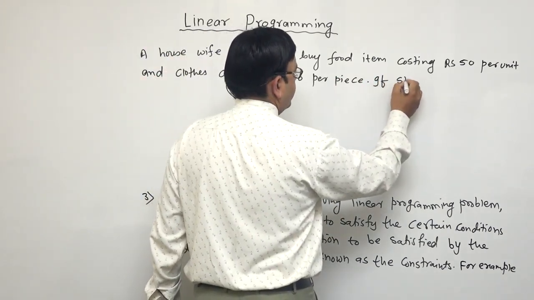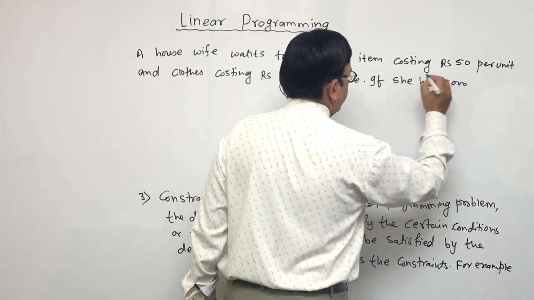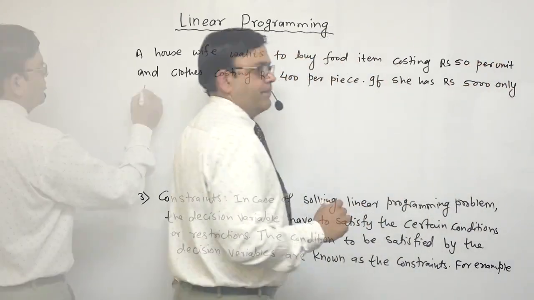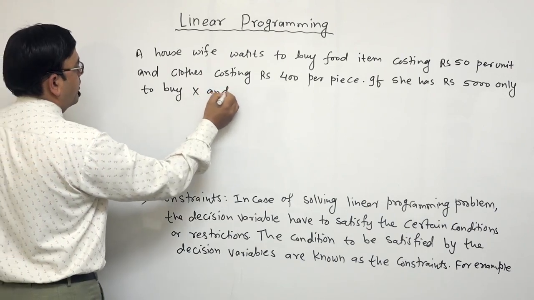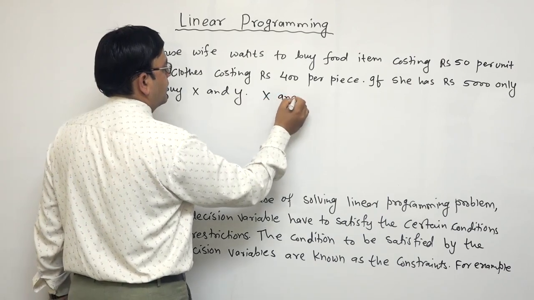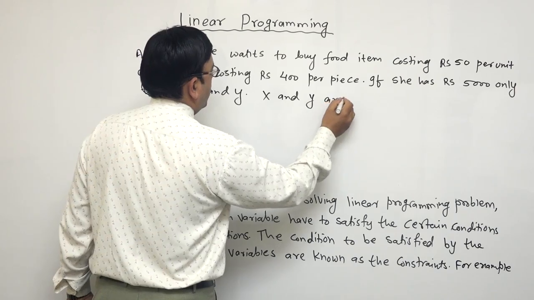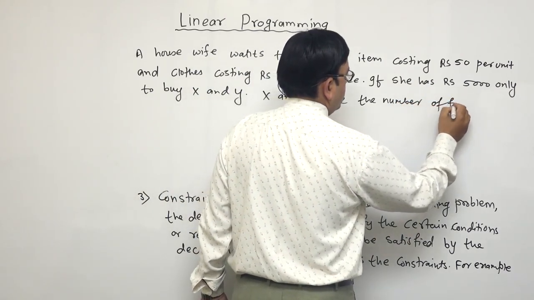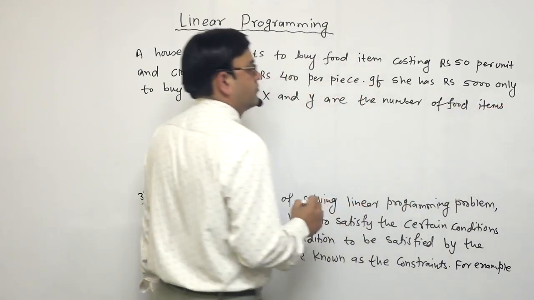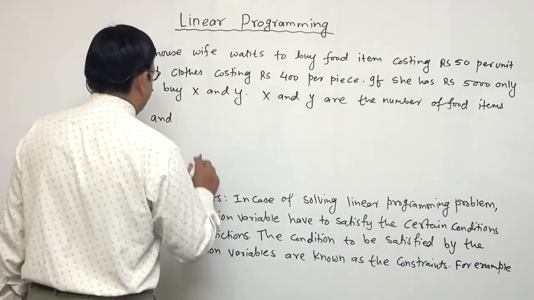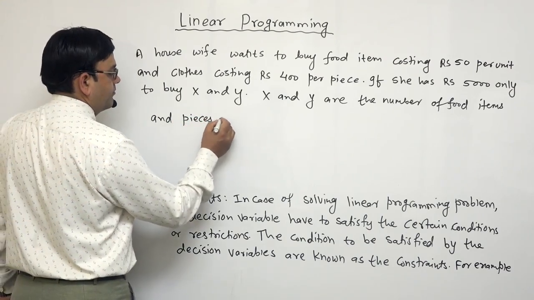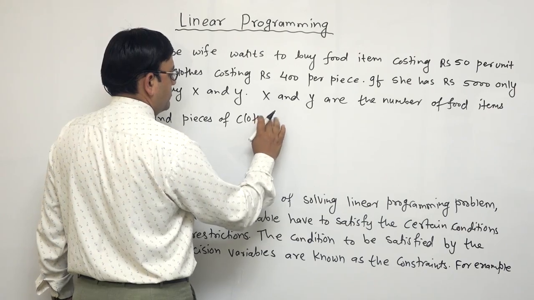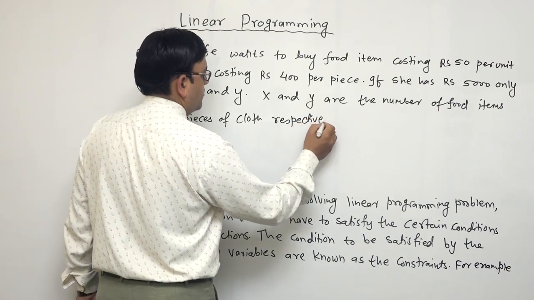If she has Rs 5,000 only to buy x and y, where x and y are the number of food items and pieces of cloth respectively.